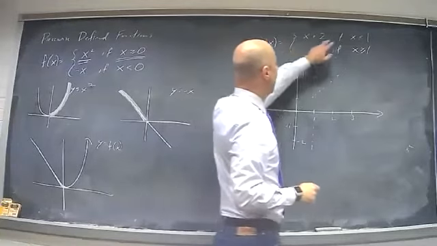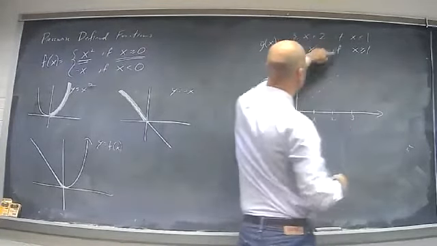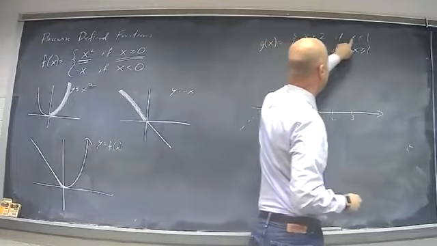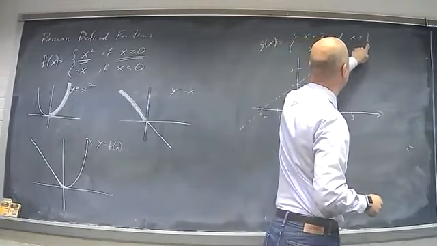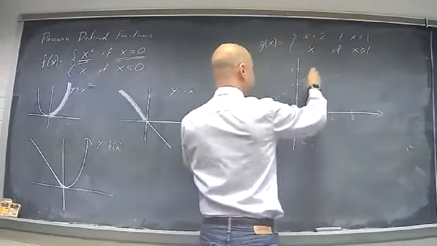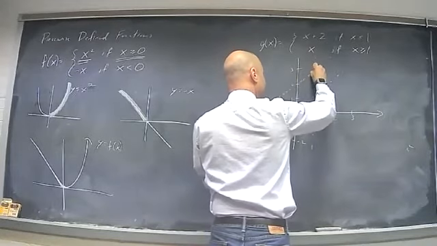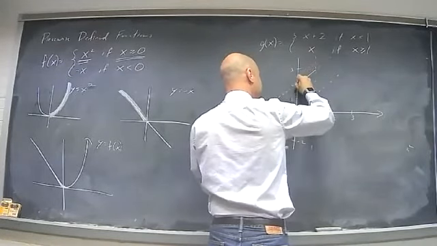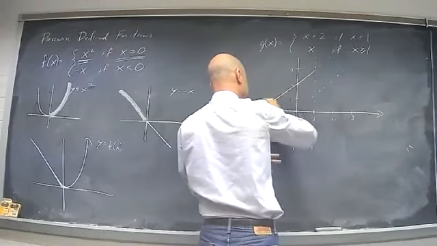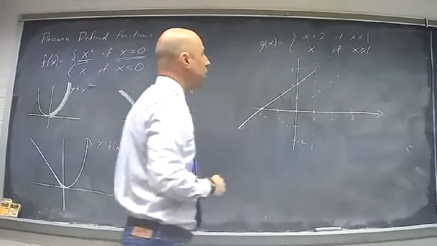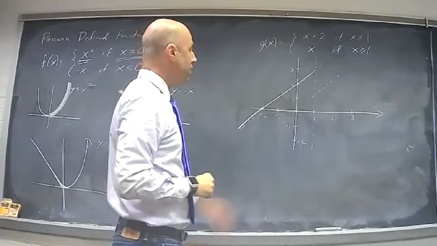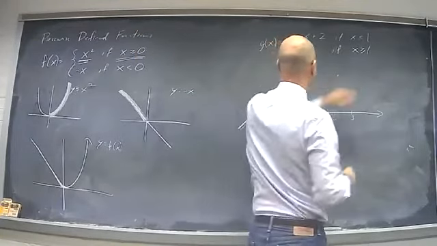And this says, I'm going to take the part of this curve to the left of 1. So I'm going to take this dotted line to the left of 1. That's going to be my curve. And to the right of 1, I'm going to take the line y equals x.